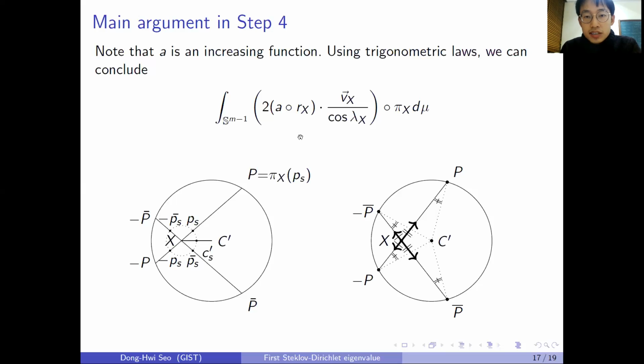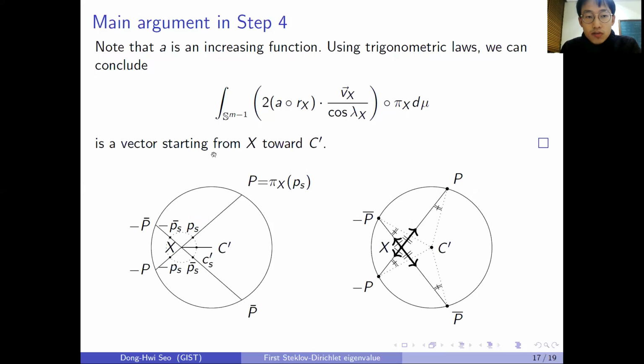So our integral becomes a vector starting from x toward the c prime. So minus gradient of our function becomes a vector starting from x toward c prime, and this finishes our proof of the identity in the proposition.